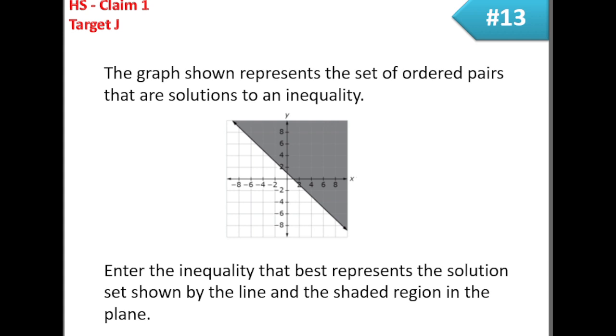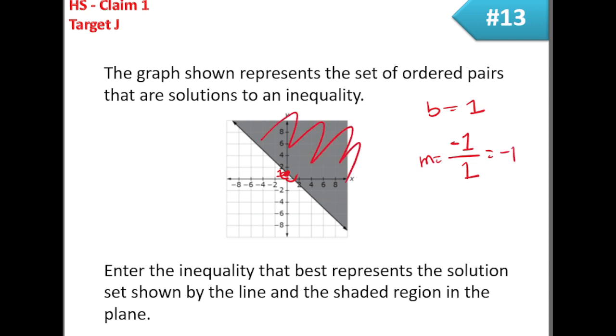For this one, we look at our y-intercept first. Our y-intercept is +1, so b equals 1. And we look at the slope. If we're looking here, we go down 1 to the right once. So my slope is -1, so our m equals -1.